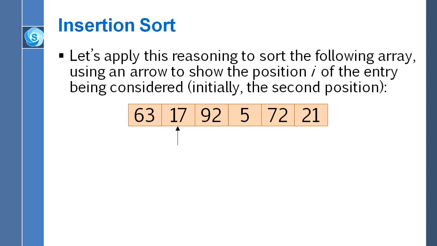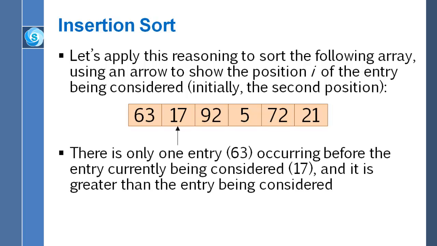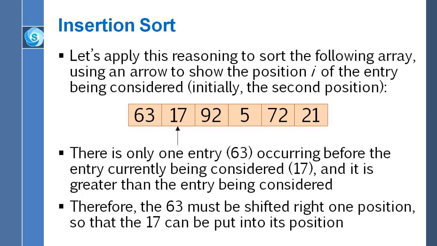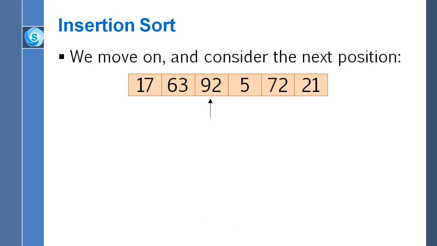We're going to take the 17, copy it into another variable for safekeeping, then we're going to shift the 63 one position to the right, and then we're going to copy from the place where we stored 17, we're going to copy that into position 0. But the effect, of course, is that those two get swapped.